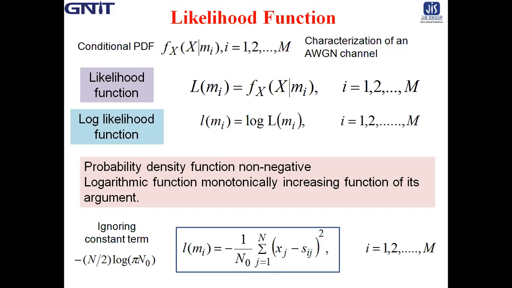Note that Sij, where j equal to 1 to n, are the elements of the signal vector Si representing the message symbol mi. So this is the log likelihood function.